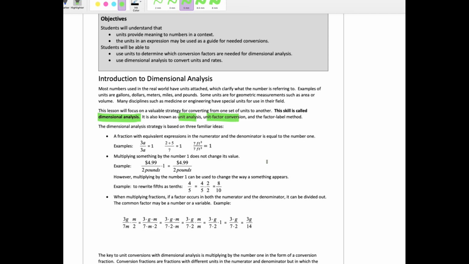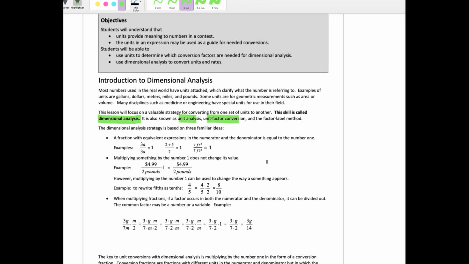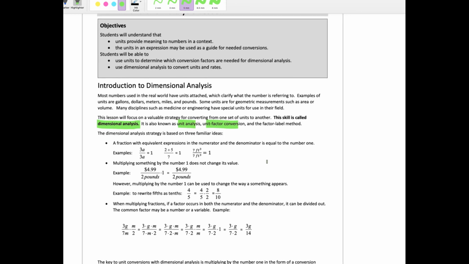One thing you need to know in order to do this comes from fractions: when you divide the same thing by the same expression, it equals 1, regardless of what that is.